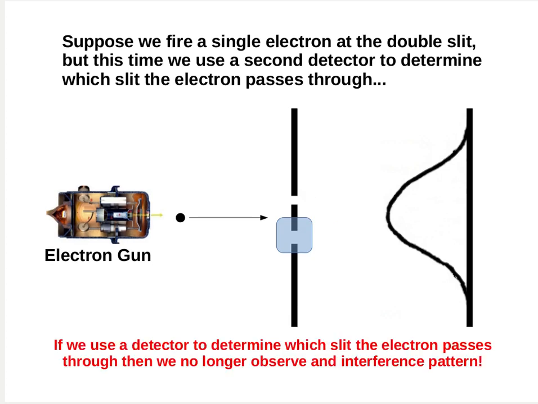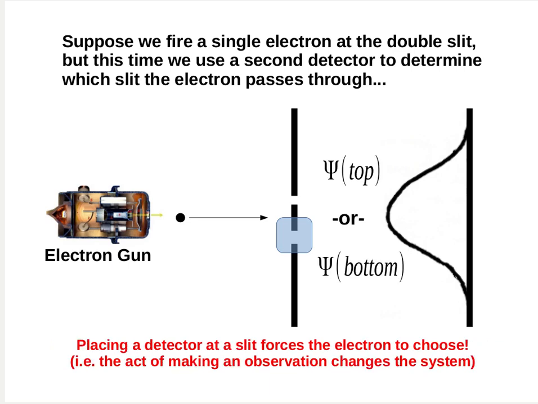So this is now another strange aspect of quantum mechanics. It turns out that the very act of observing a system causes that system to fundamentally change. In other words, we're forcing that electron to choose either the top slit or the bottom slit by placing the detector at either one.